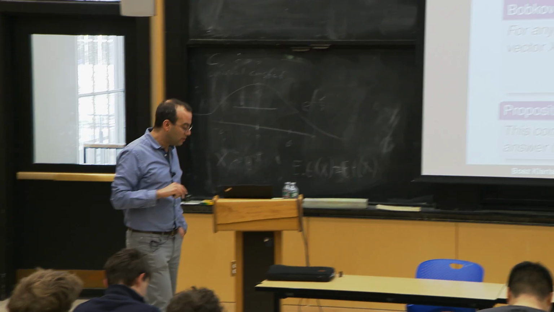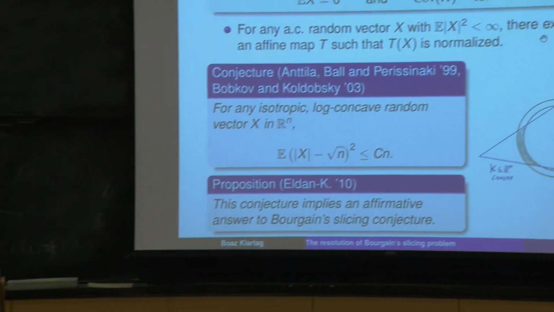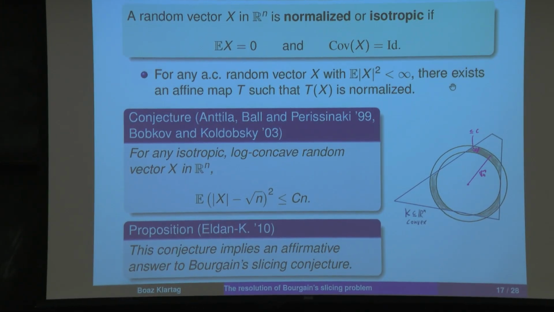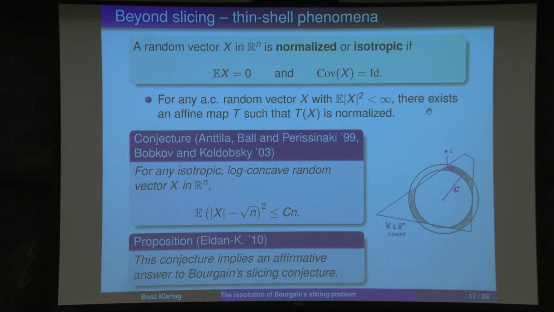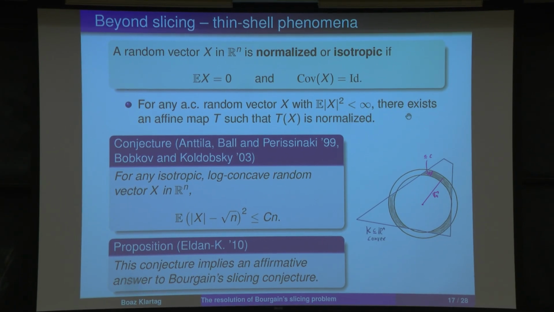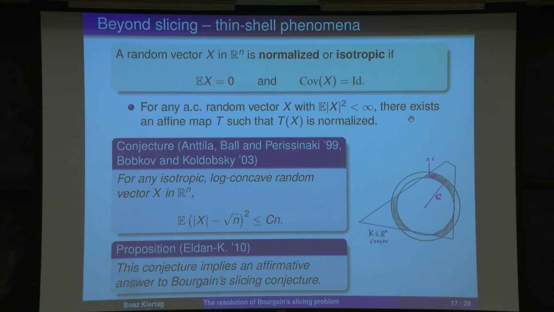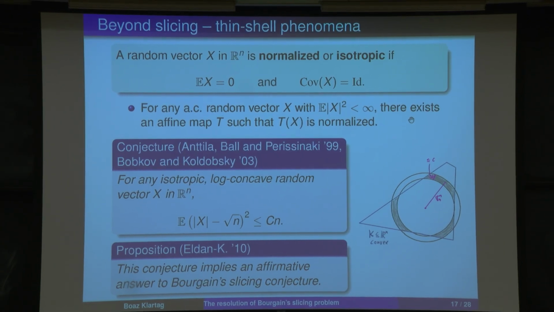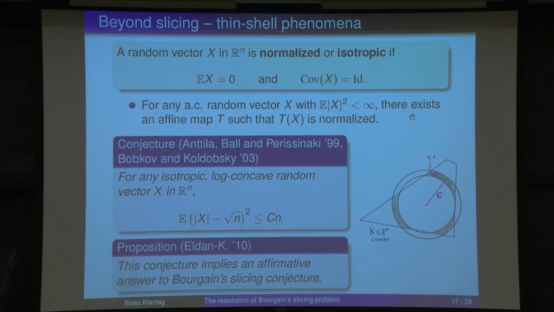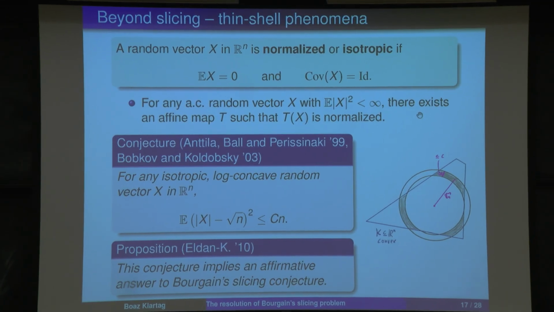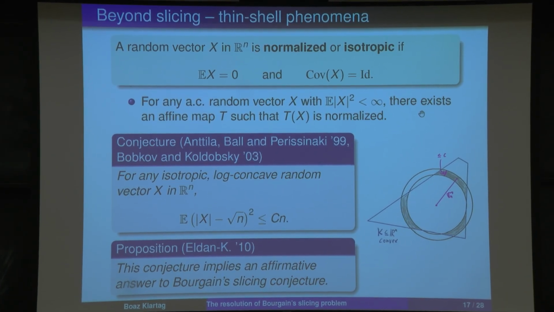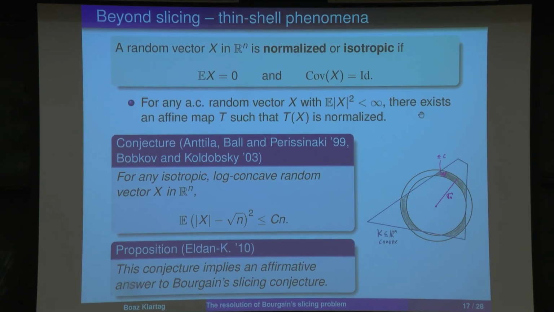Okay, so we have the following normalization, which says that X in Rn is isotropic or normalized if it is centered, and if the covariance matrix is the identity matrix. We just normalize it, and of course, any absolutely continuous random vector with finite second moment, you can find an affine map and make it have zero mean and identity covariance. Now, there is a strange phenomenon in high dimensions called the thin shell phenomenon.